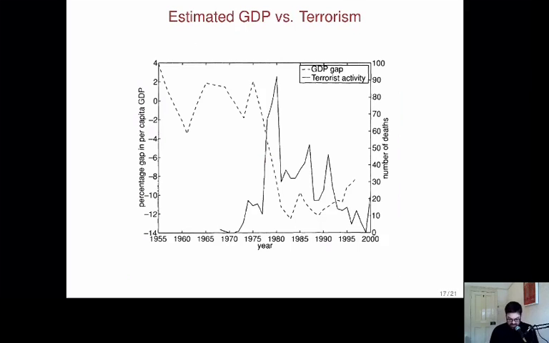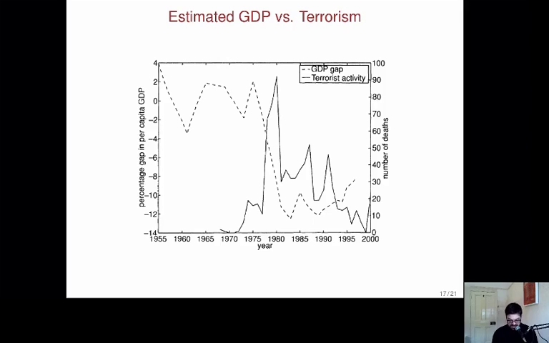Okay, so what this shows is basically something like the first stage. So what they graph here is, on the one hand, the dashed line is the GDP gap. So it's the gap between the synthetic control and the actual GDP in the Basque Country around that time.